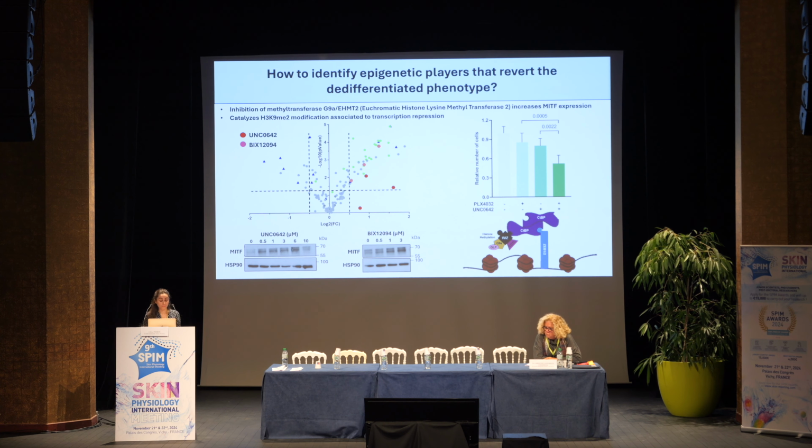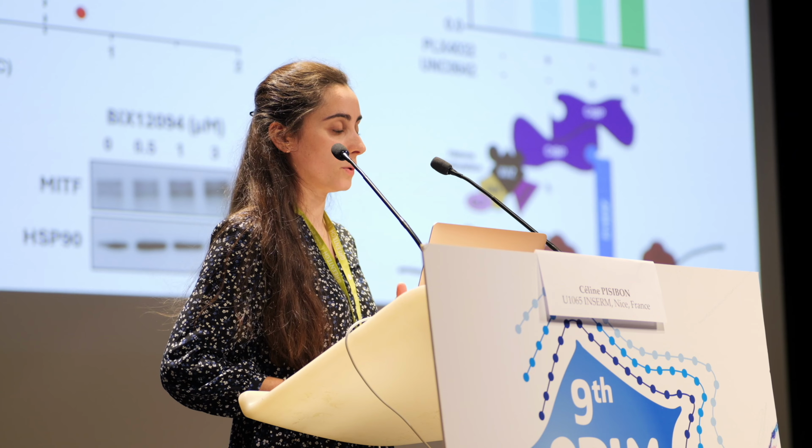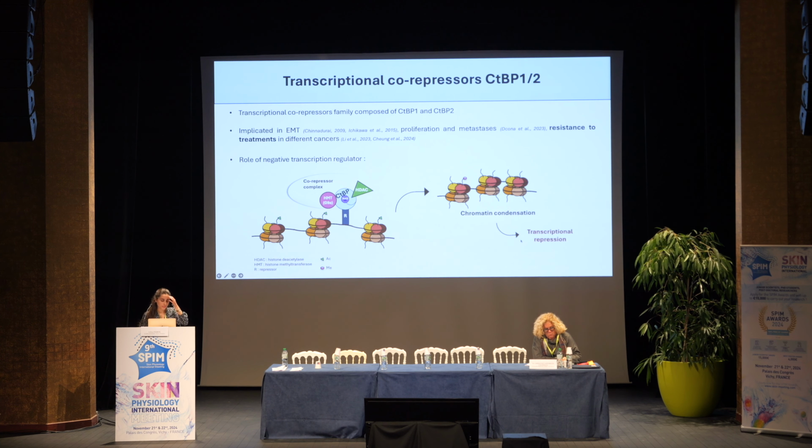One mechanism that leads to this transcription repression induced by G9A is through a protein called CTBP1 and 2. CTBP1 and 2 form a family of transcriptional co-repressors. They are implicated in EMT, proliferation, metastasis, and resistance to treatments in different cancers, and they have a role of negative transcription regulator.